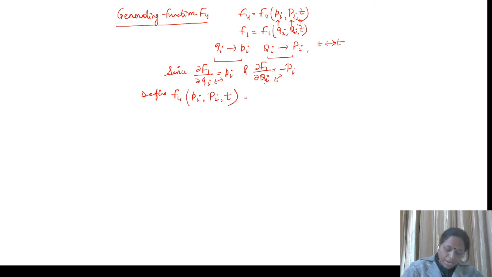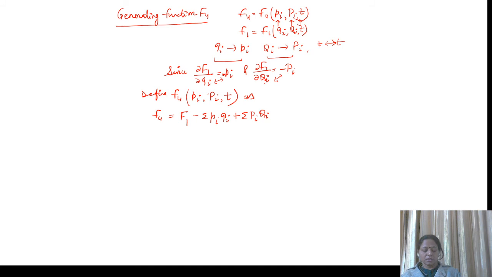Define F4 as F4 is equal to F1, and in this relation you are having p_i with a positive sign, so this relation says minus sigma p_i q_i. And this is already with a negative sign, so the sign will be reversed: capital P_i Q_i. This is the introduction of F4 with the help of F1.